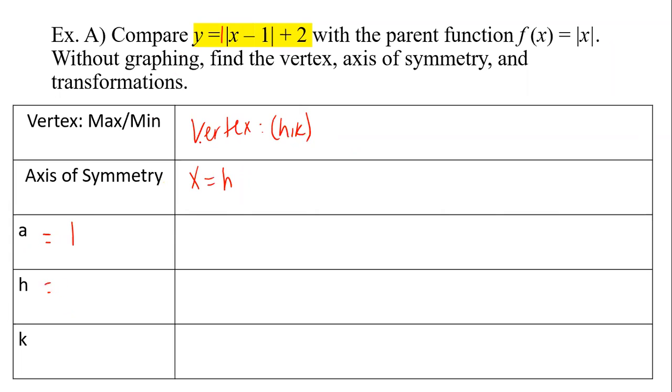Our H is currently a 1. And our K is currently a 2. So identify the variables. Now when I plug them in, my vertex is H comma K, so 1 comma 2. My axis of symmetry is x equals 1.